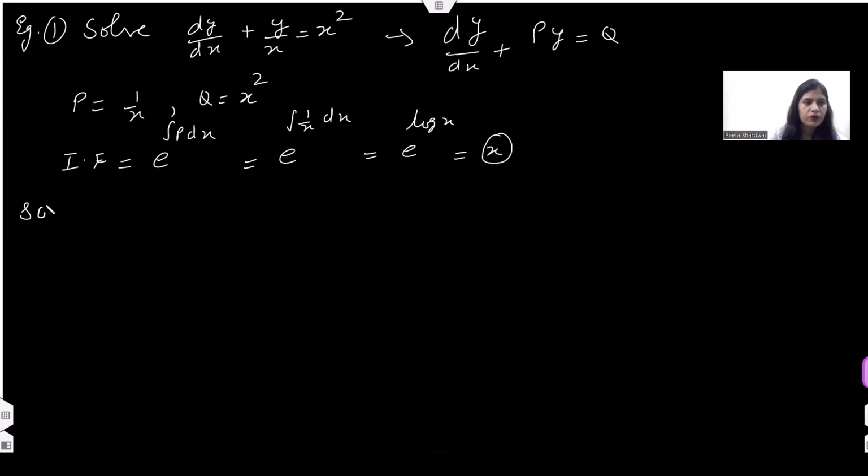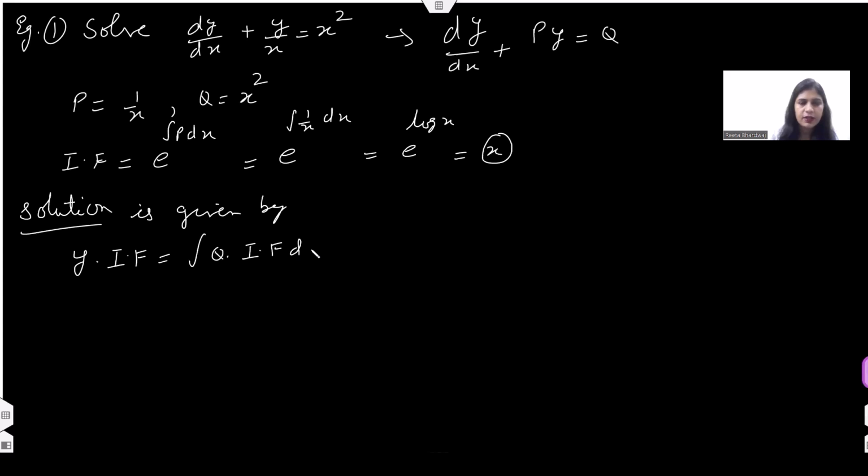Now we can directly use the solution formula. I hope you remember, the formula was y into integrating factor is equal to integration of q into integrating factor dx plus constant of integration. Here the integrating factor is x, and q has the value x square.